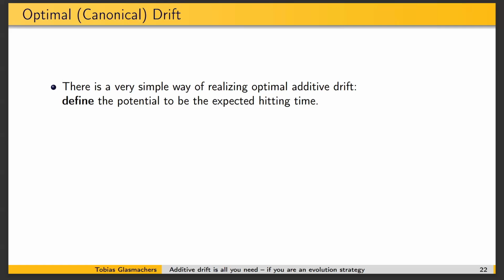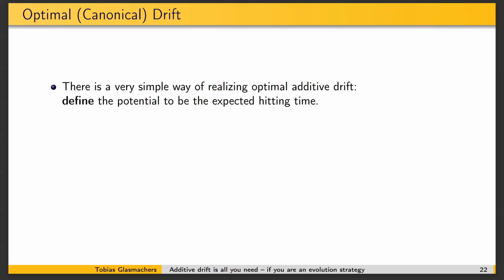So if we say our potential function is simply what we call the expected hitting time, that's now this language of drift theorems, that's simply the runtime it takes you to stop. So say we stop our algorithm if we are in a vicinity of 10 to the minus 10 of the optimum. Yeah, that was this goal position in the drift theorem. We just say, okay, how long does it take to get there?